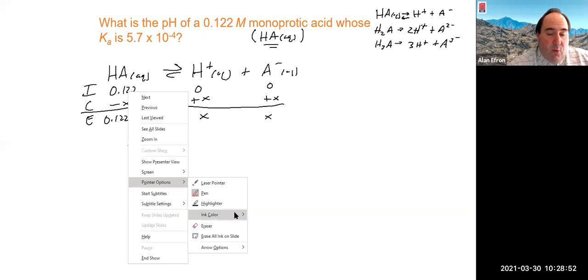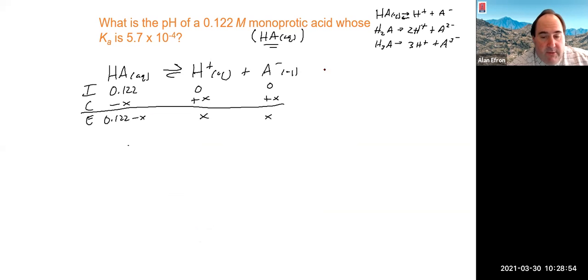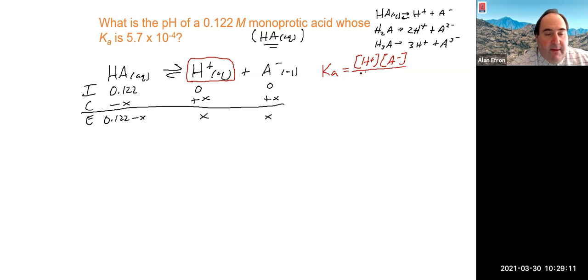We can write our equilibrium expression here, which again is our Ka. By the way, this is how we know we should have a Ka we're using, because there's H plus on the product side, which basically signifies an acid. This is going to give us H plus times A minus divided by HA, and that will equal our 5.7 times 10 to the minus 4.